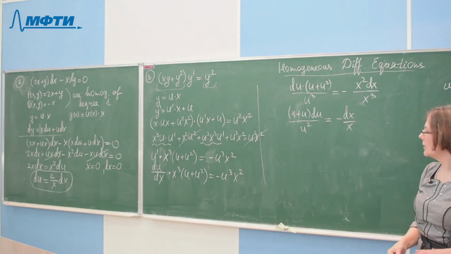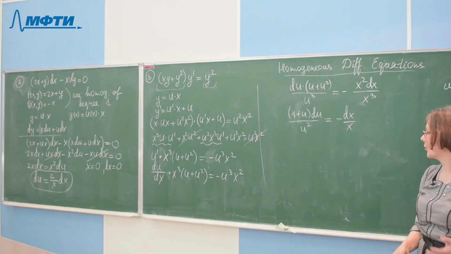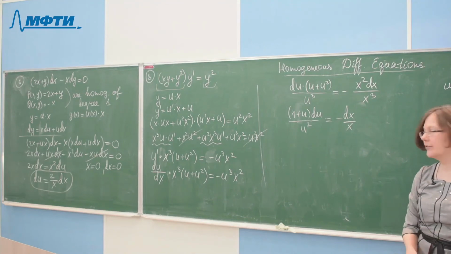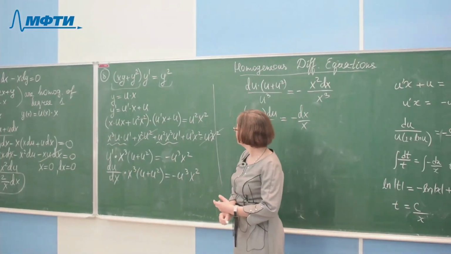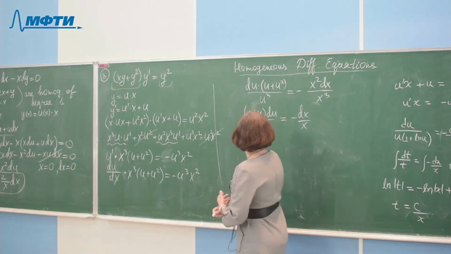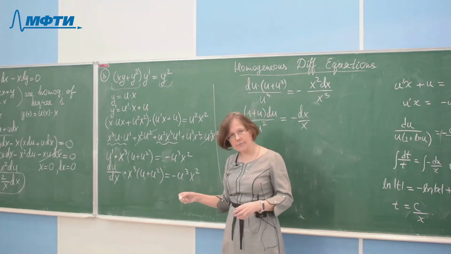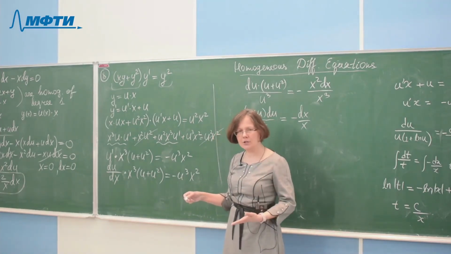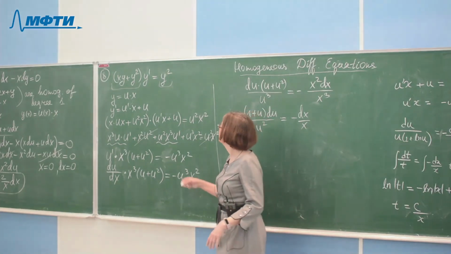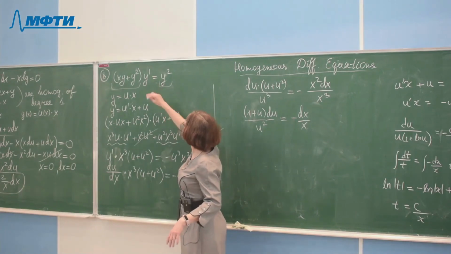Have we lost particular solutions or not? So we have divided by u and by x. x equals 0 is not a solution, because then dx equals 0, and this will not fit.